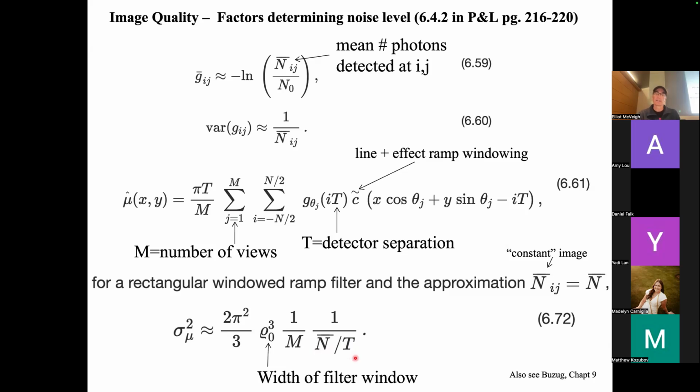So as I change my detector width, say it increases by a factor of 2, going from the Canon at 0.5 to the GE at 1, this thing goes up by a factor of 2, because I've got a bigger bucket, so I get more photons coming in that bucket.